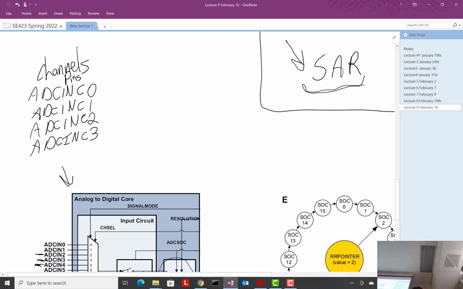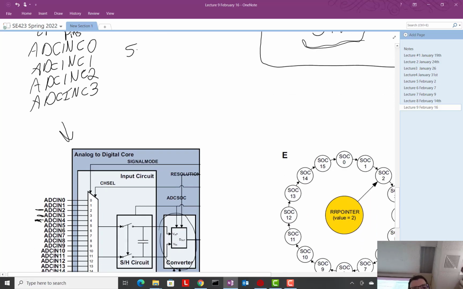Then there are these things called SOCs, start of conversions. And we have SOC 0 through a possible SOC 15. In the homeworks, we're not going to be using all of these. And when you don't use one, this scheduling circle gets smaller.